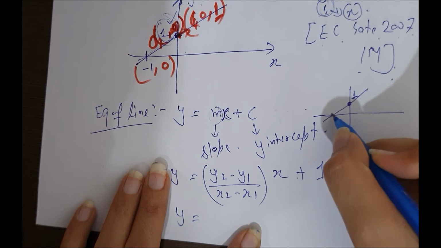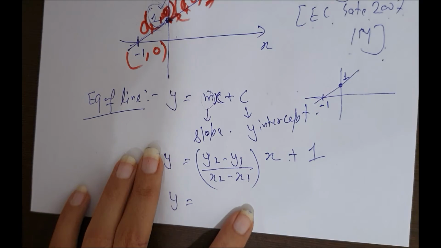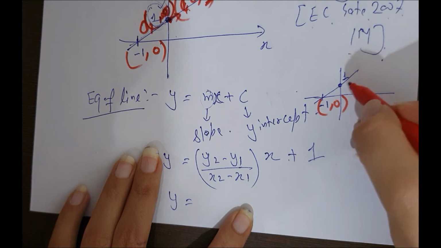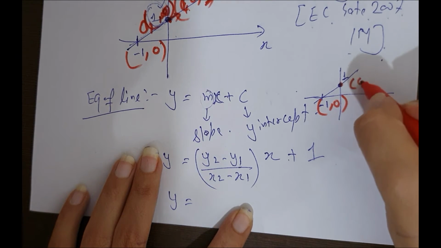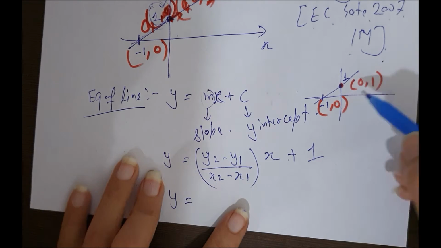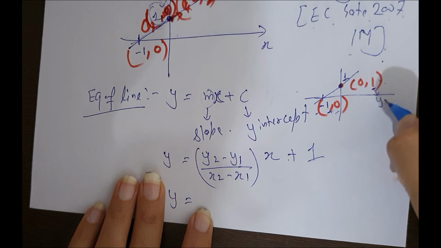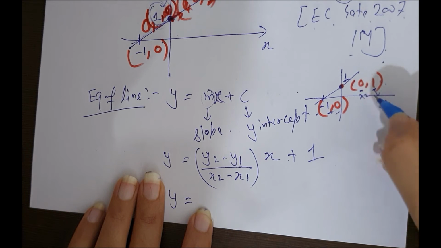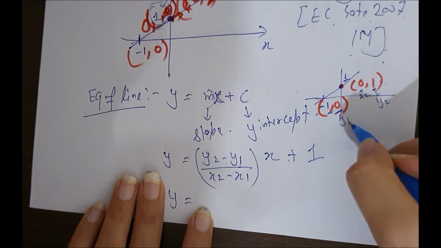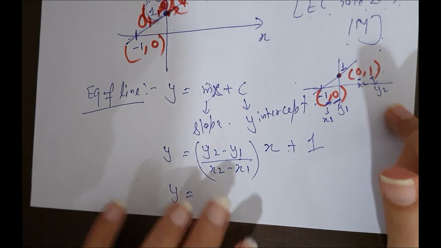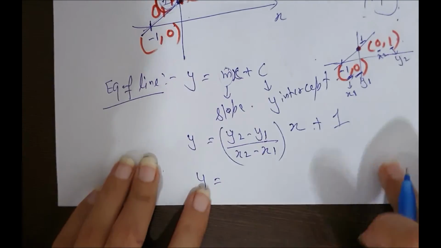This is at 1 and this is at minus 1. It means that this point is minus 1 comma 0 and this point is 0 comma 1. So from this we can get the slope. This is y2, this is x2, this is y1, this is x1. Just put it in this and you will get the answer.